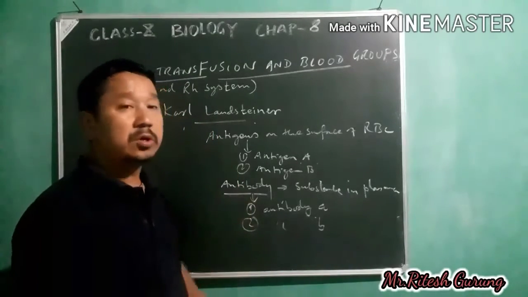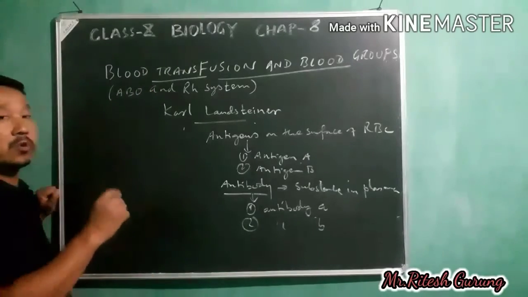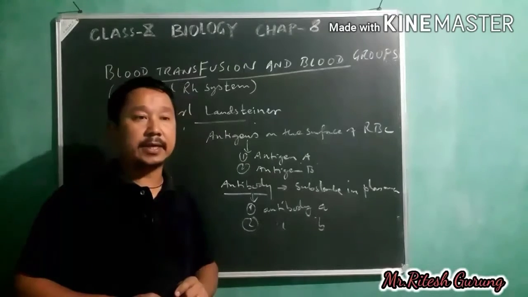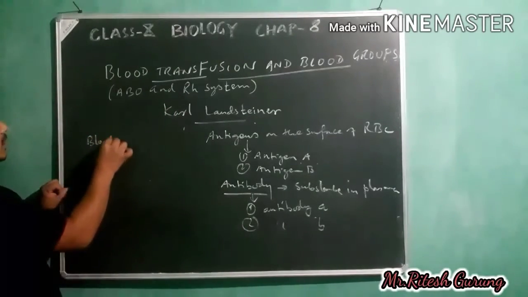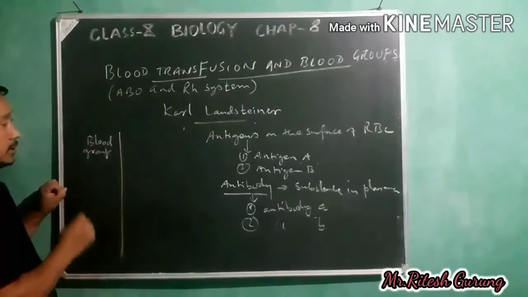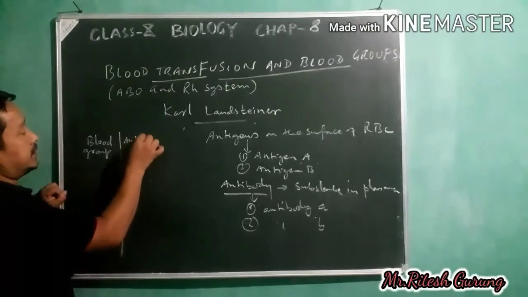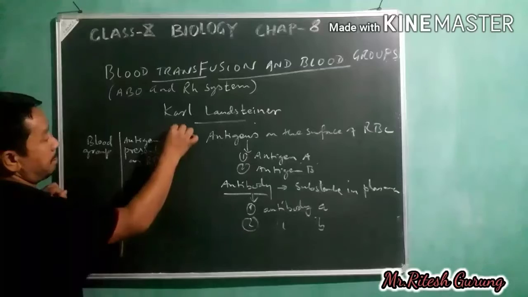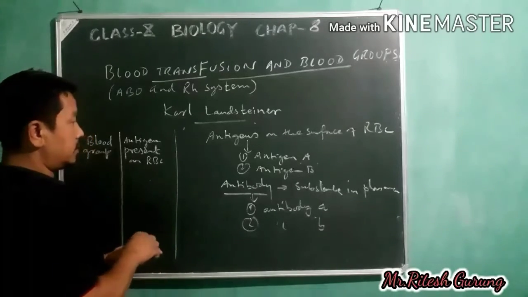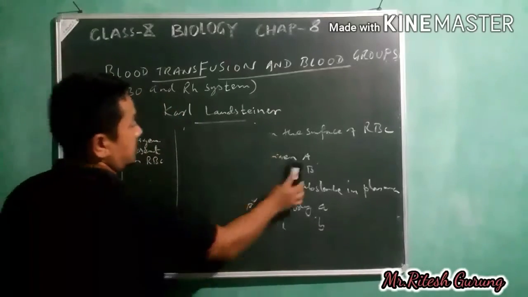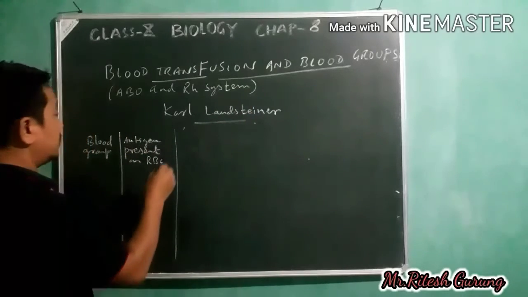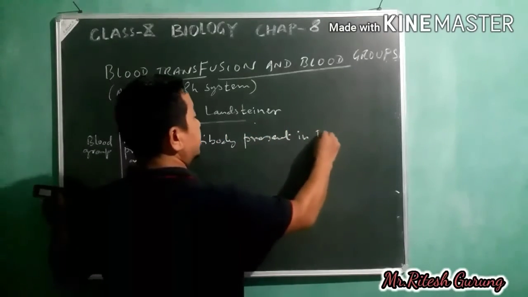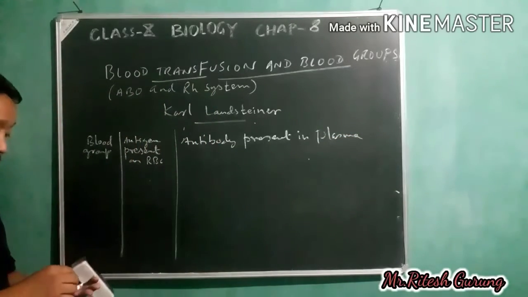Let me write here the four types of blood groups in the book like this: blood group, antigen present on RBC, and antibody present in plasma. So based on this, there are four types of blood groups.